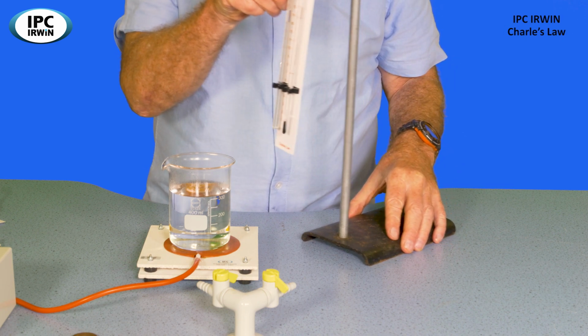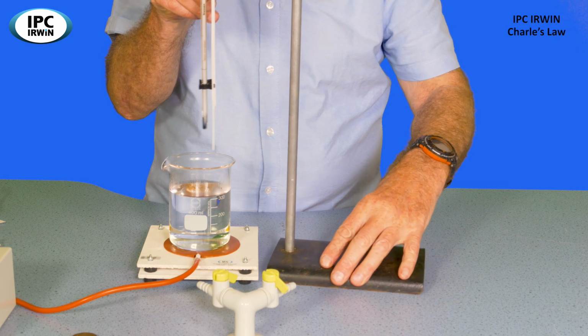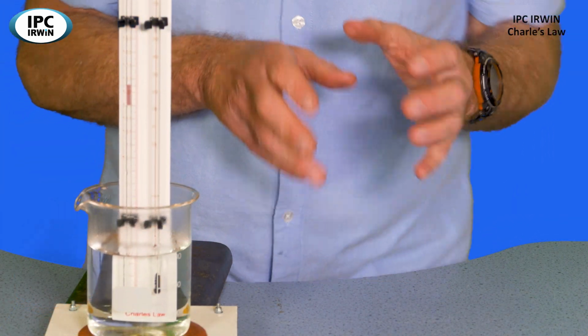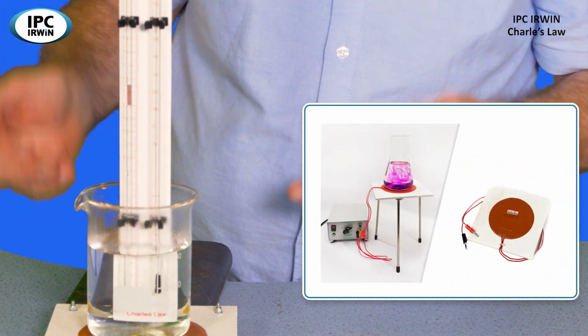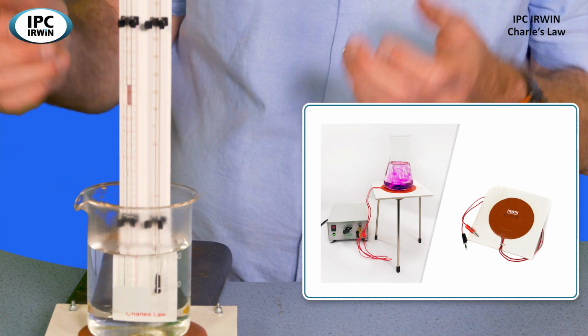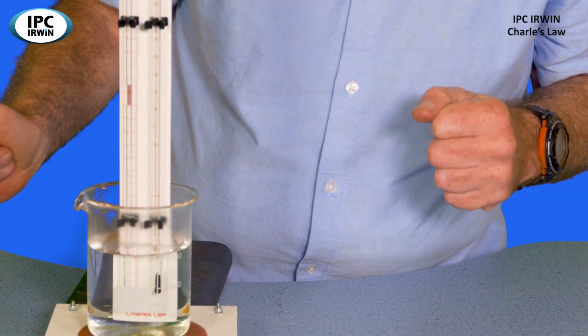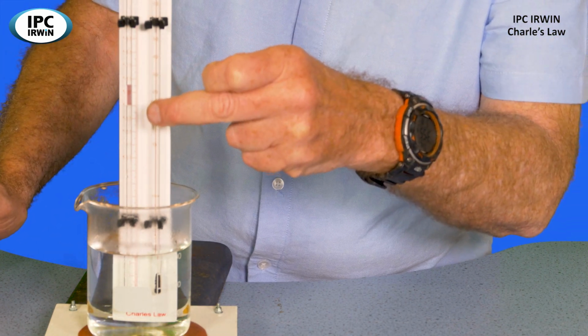So I'll introduce this into the water bath, and we'll do some recordings of temperature and volume as the water warms up. I'm using a flameless Bunsen burner produced by IPC Irwin here, and it's raising the temperature of the water bath. It's now reached 75 degrees centigrade, and we've had an expansion of the gas. The red seal has moved up.